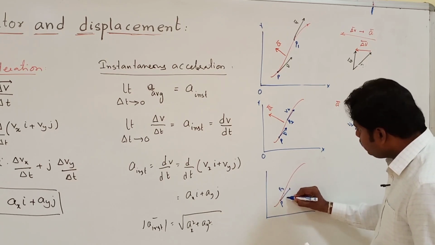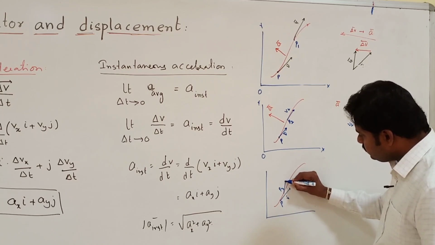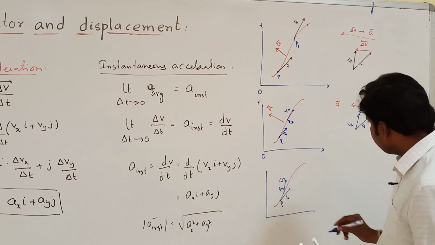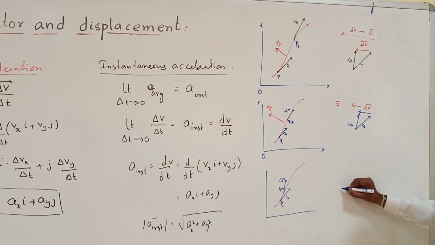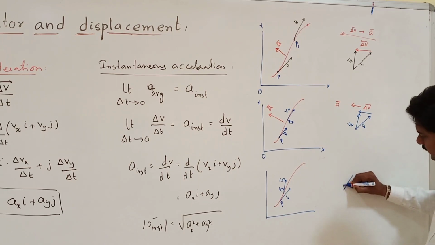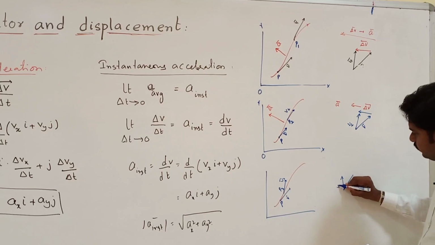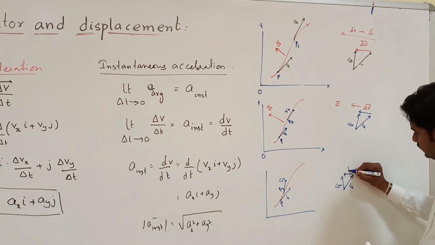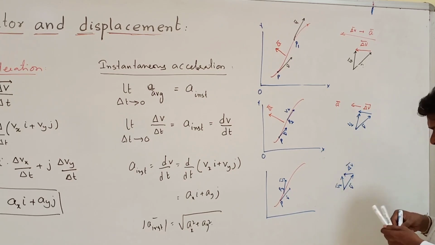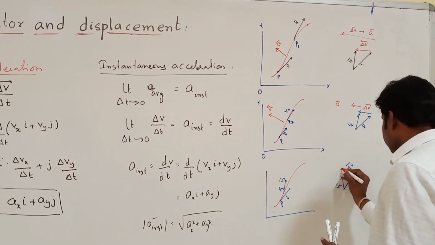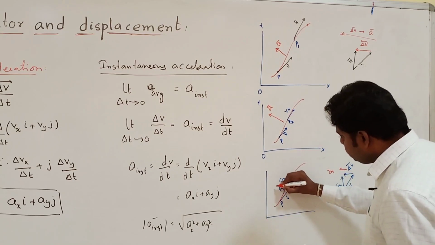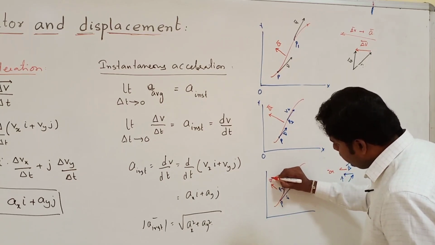This is velocity V and this is V3. Now extracting it, this is the V vector and this is the V3 vector. This is the delta V vector, which gives the acceleration direction.